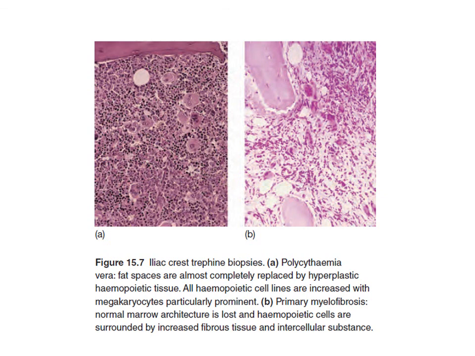The whitish spots in the marrow are the fat cells. I have shown you this picture, almost 50% is occupied by these fat cells, but these are absent in this picture. So, this B is for primary myelofibrosis, idiopathic myelofibrosis. We will discuss this next. Thank you.